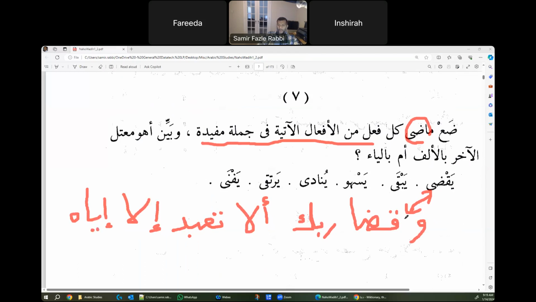And your Lord has judged, not commanded, decreed, or not commanded, but judged, because qadi comes from this word yaqdi. Rabbuka Allah, to worship none other than Him.